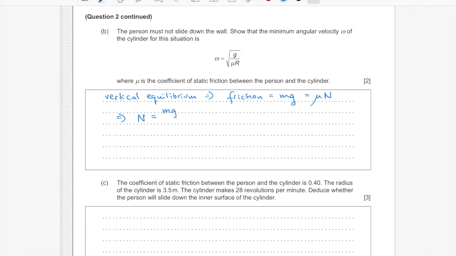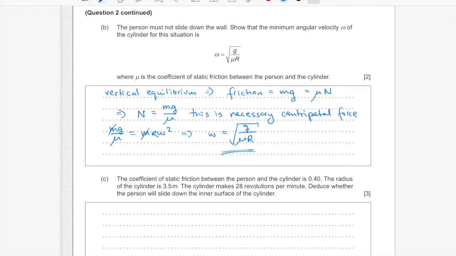That normal force is the necessary centripetal force, keeping the person in uniform circular motion. The acceleration for uniform circular motion is r omega squared. So m r omega squared equals mg over mu, and we get omega as the square root of g over mu r. There we go. r is the radius.